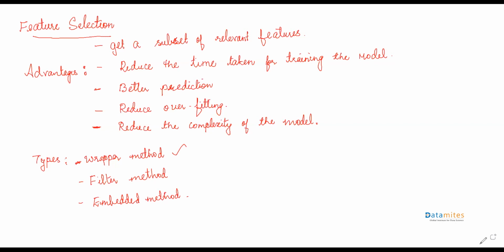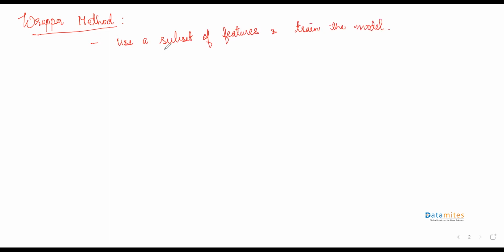Let's talk about feature selection using the wrapper method. In the wrapper method, we use a subset of features and train the model using that subset. It trains the model with the subset of features that it has identified. Let us see how it gets the subset of features.